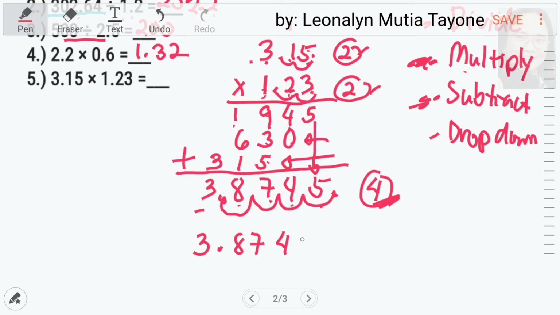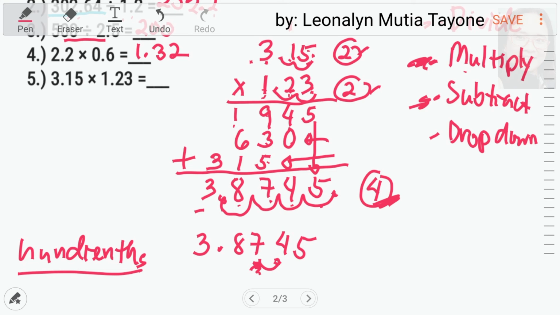Sulat natin ulit, 3.8745. Kapag ang question ay i-round off into hundredths, kapag i-round off dito, ang next niyan ay less than 5. So, i-drop mo lang yan at ito na yung sagot, 3.87.